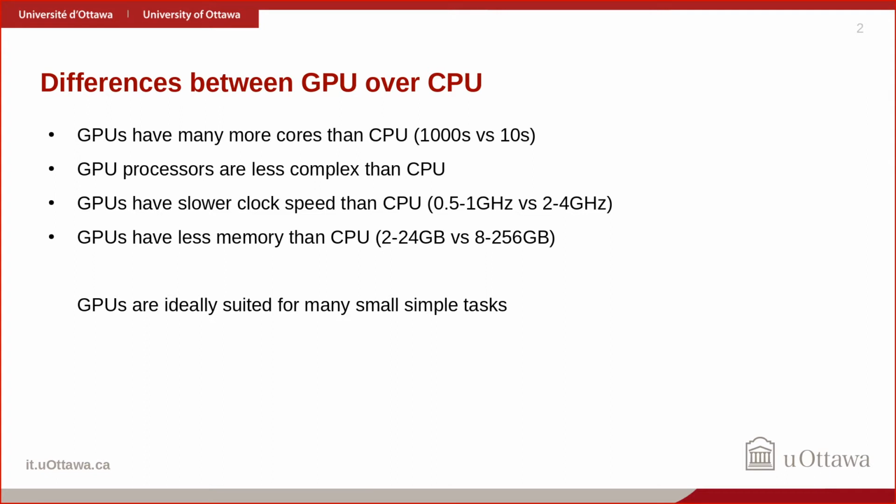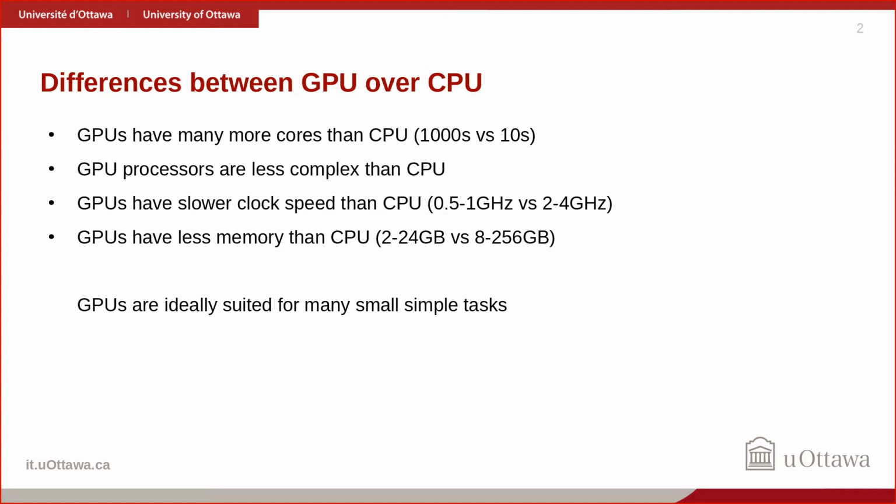They're less complex though than CPUs. And what I mean with that is they have less specialized instructions that the compiler can use to optimize your code. They also have a slower clock speed than CPUs by about a factor of 4 roughly. And they also have less memory.